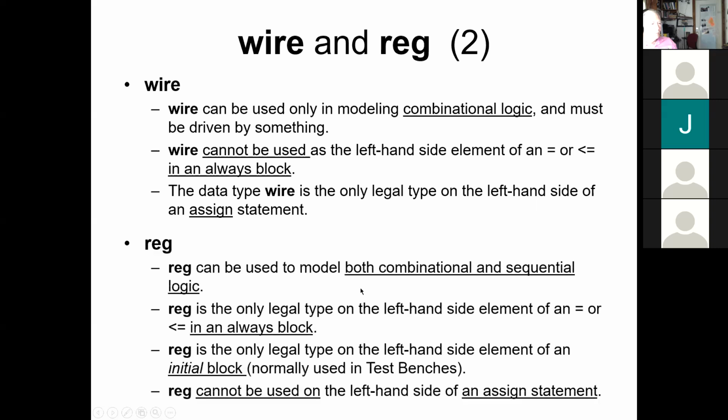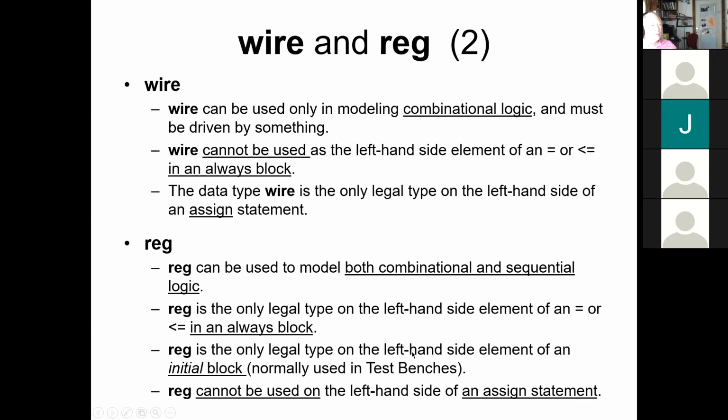All right, register can be used to model both combinational and sequential logic. Yeah, because if you model combinational logic with it, it never really gets created as a register. It gets created as a wire instead. So there you go. Register is the only legal type on the left-hand side of an equal or a less-than-equal in an always block.